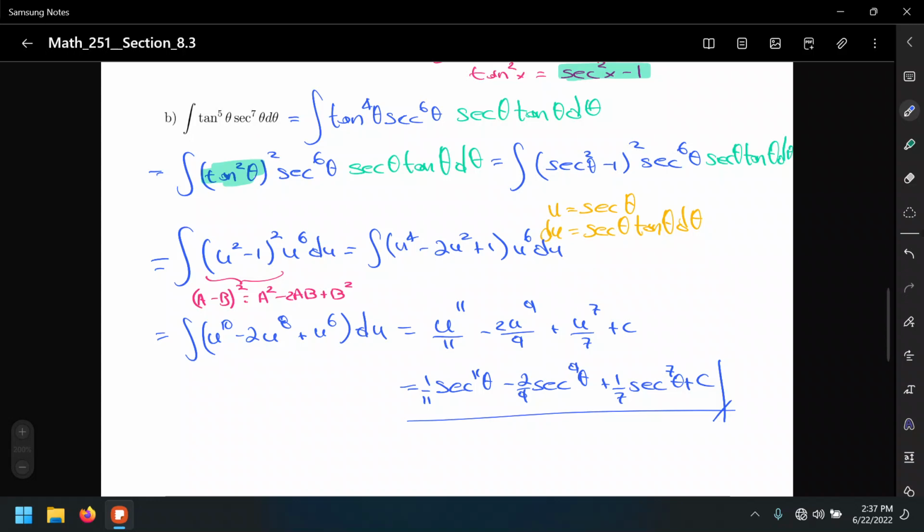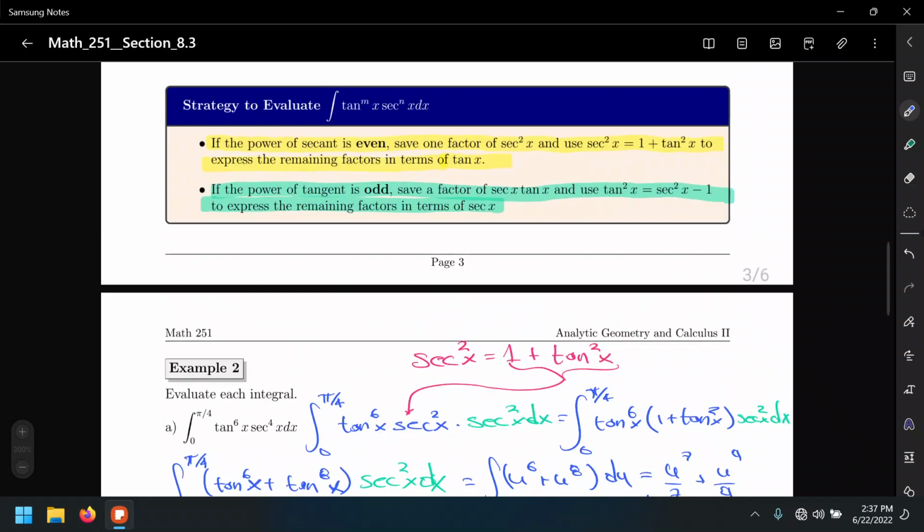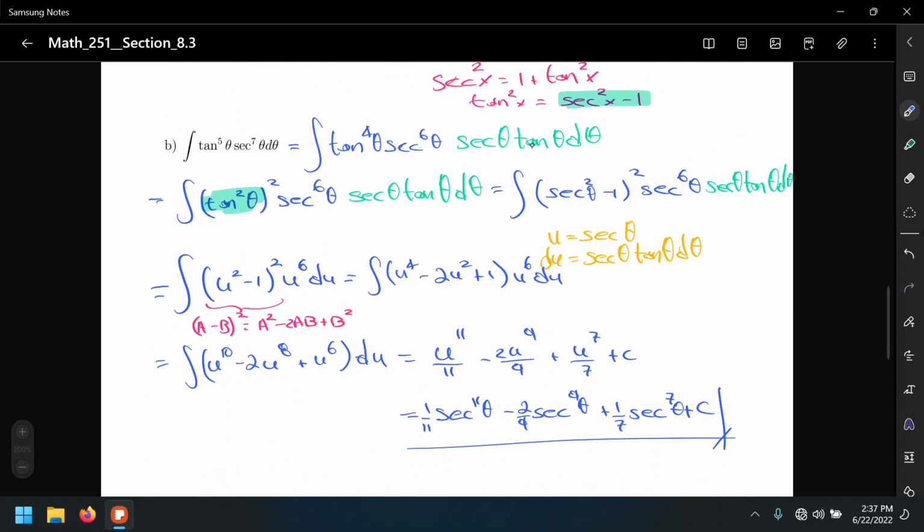Oh, okay, so in this case, because the power of tangent is odd, we needed to save a power of secant tangent, so that stands as the du part of the problem. If we initially had 7 secants, when we save one of these, that becomes one less, by the laws of exponents.